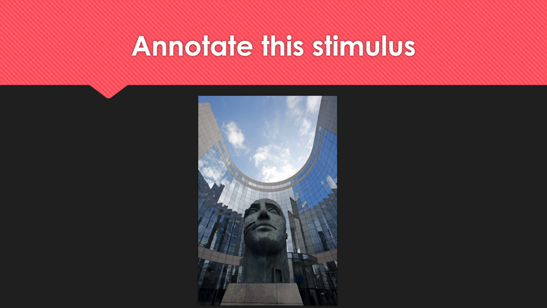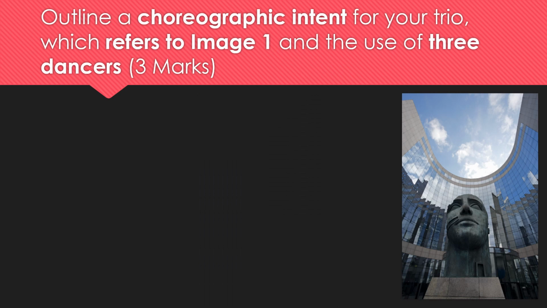What do you see? What could an idea be? What colours do you see? Okay, so you should have annotated that stimulus now and have a rough idea of a dance idea.